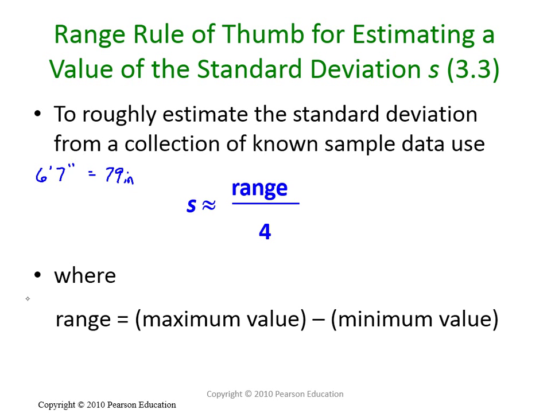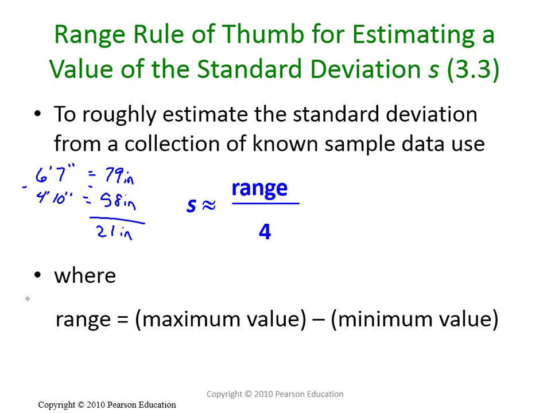What do you estimate the shortest NCMC student to be? Got a guess of 4'10"? Anybody agree or disagree? 4'10", good? Okay. So that'd be 58 inches. So what is the difference between 79 and 58 inches? Okay, we're looking at 21 inches.